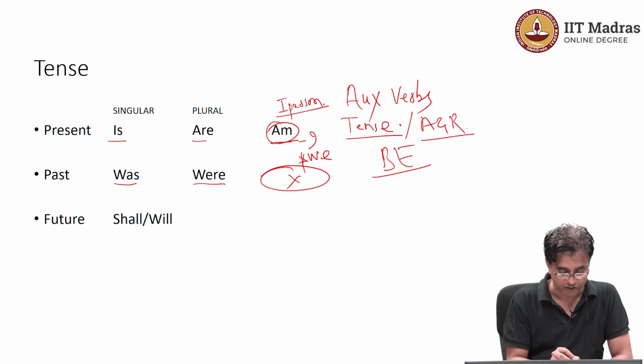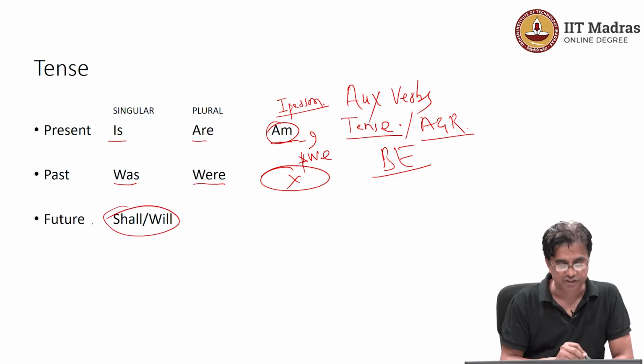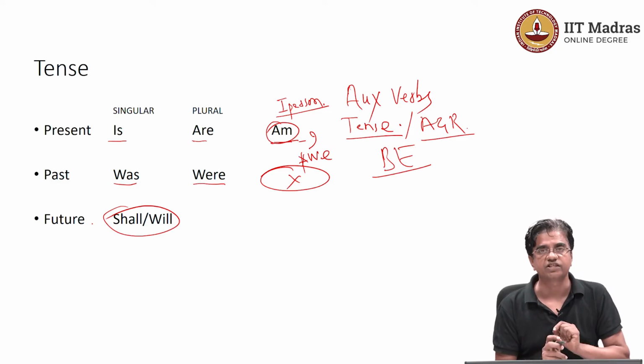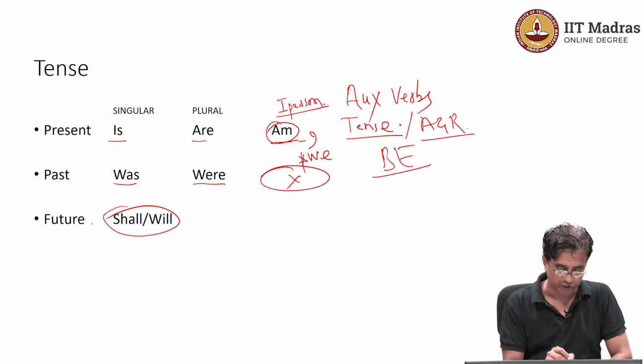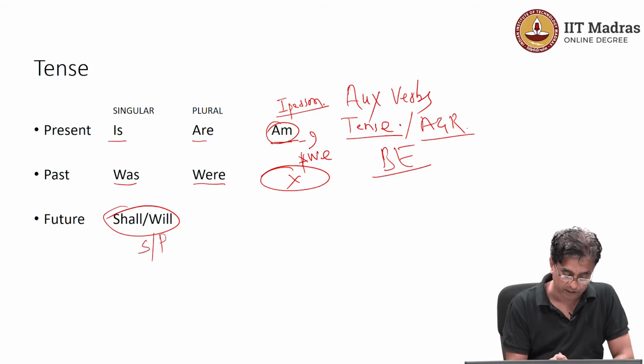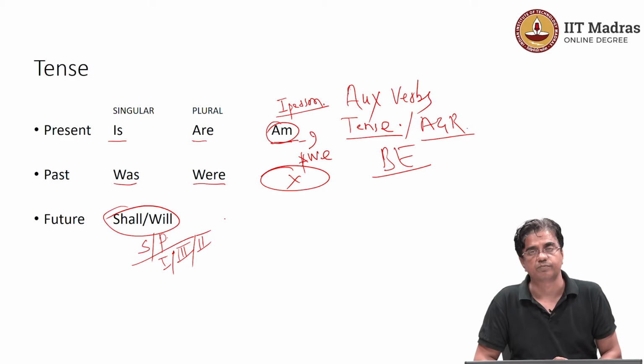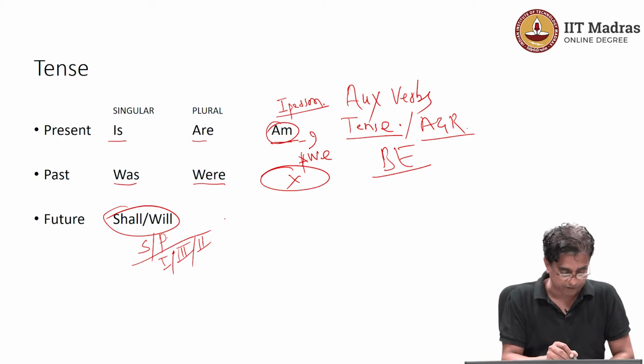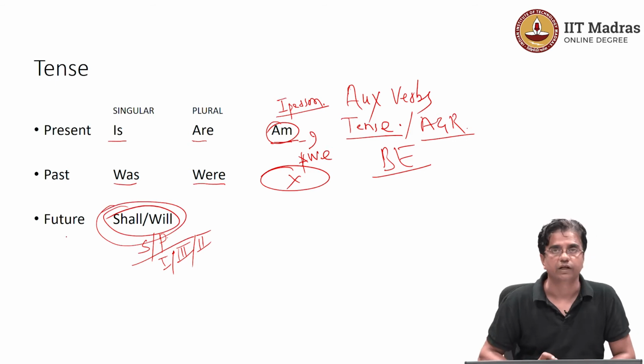And in future tense, you only have shall or will. Both of them can be interchangeably used for both singular and plural, and also for all three persons, first person, second person, third person. And singular and plural, in all of them, we can use the two interchangeably.